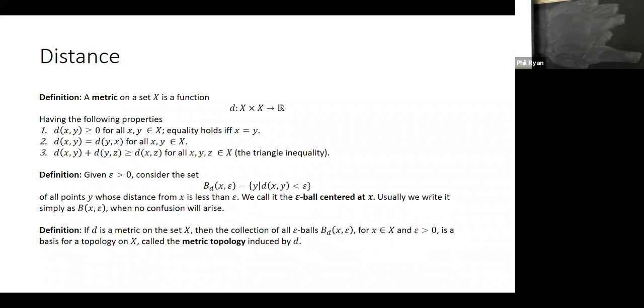So if you have a set X and a metric D, you take the collection of all balls for every x in our space and every epsilon greater than 0, and we can use that as a basis for the topology, and that's the metric topology induced by D. And it's a fact that with this metric, lots of nice, powerful results follow.